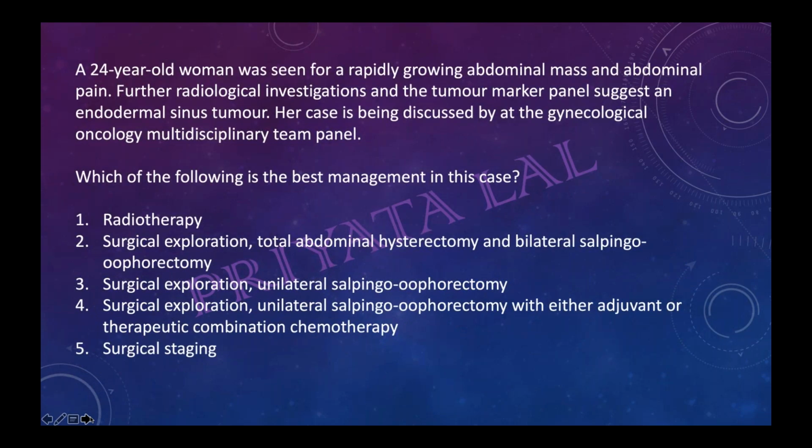Now coming to a 24 years old woman with a rapidly growing abdominal mass, abdominal pain. Radiology and tumor markers suggest endodermal sinus tumor. Her case is discussed in MDT. What should be the best management? Someone should explain the answer.